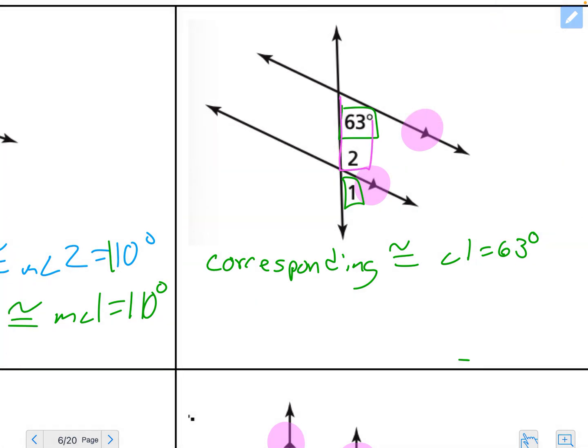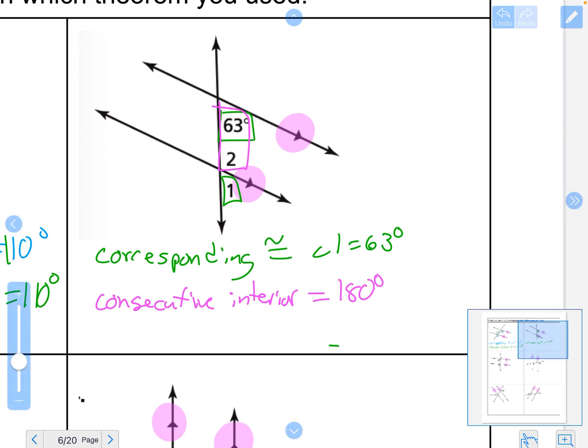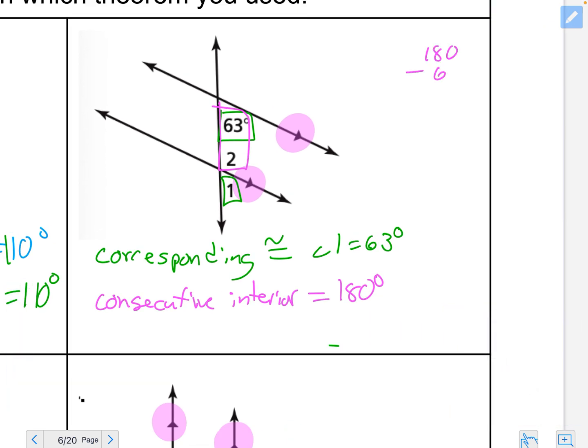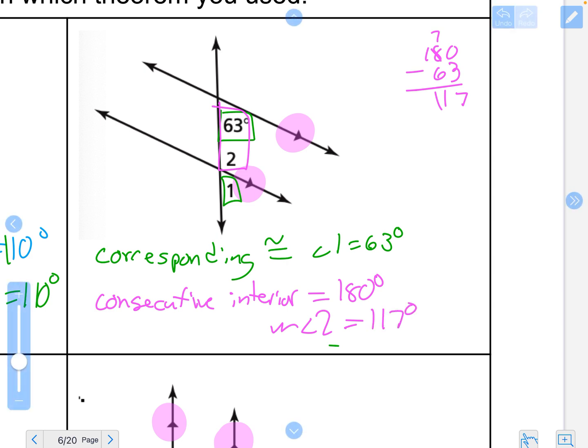I know that 63 and angle 2 are on the same side, and they're both interior, so they're going to be consecutive interior, which means they are going to equal 180 degrees. So I need to do 180 minus 63, which gets me 117. So the measure of angle 2 is 117 degrees. Let me add that measure right there too.